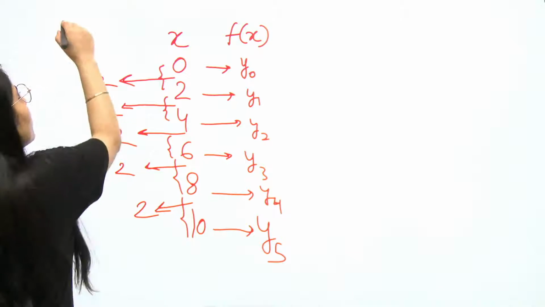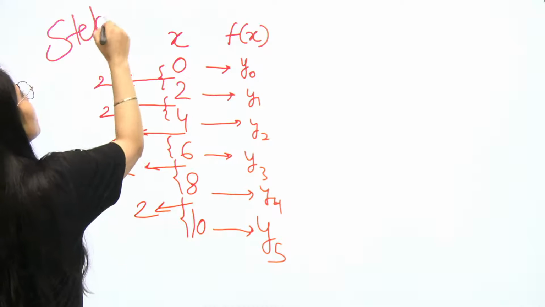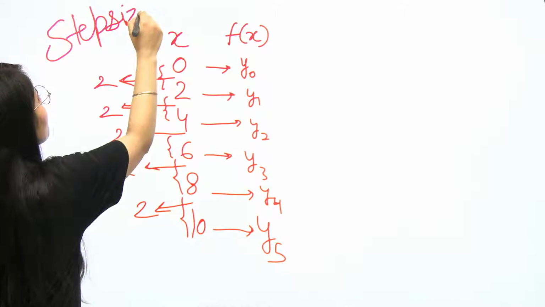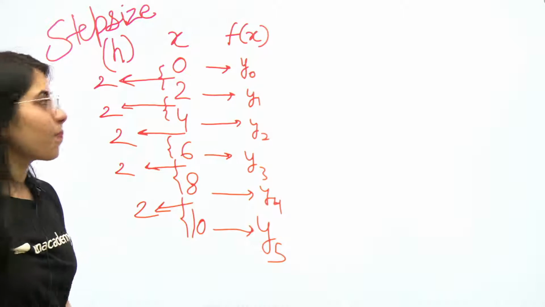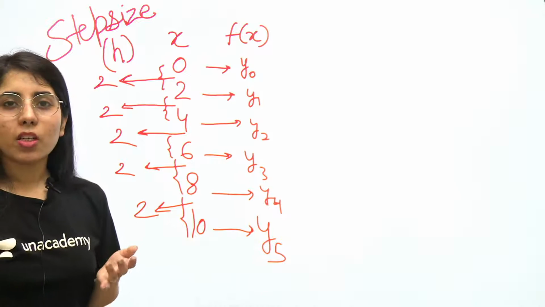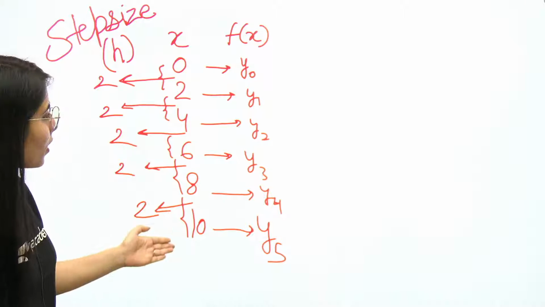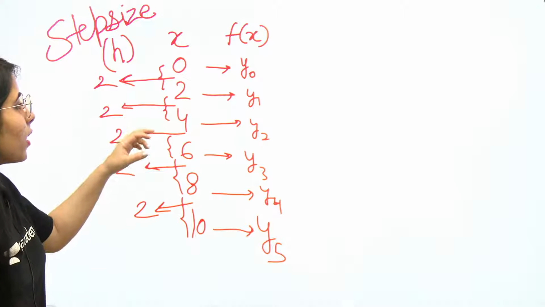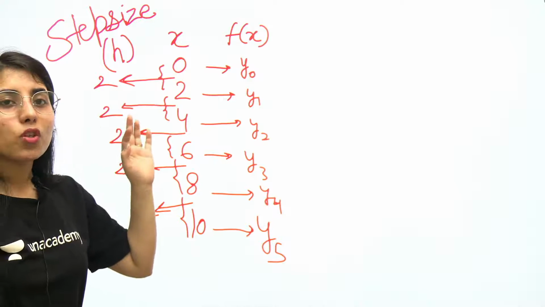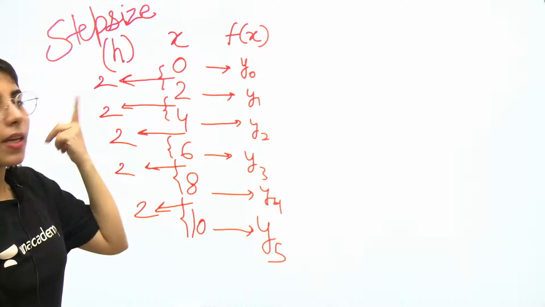What do we call it? The step size. We denote it with the symbol h. Clear? That's important. Another thing: what are they going to ask in the question? They have given you some data here. They can ask you to find the value of the function at, let's say, 3.5, or at 3.